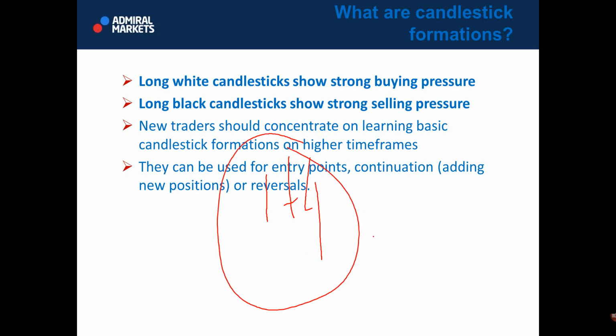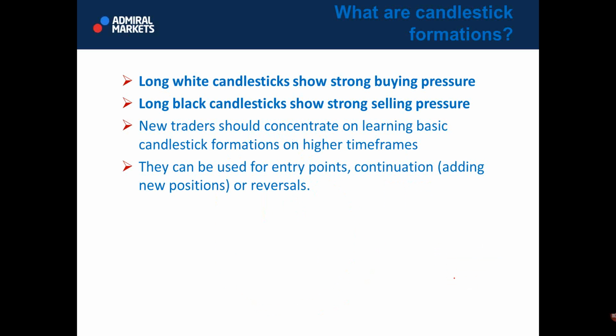So I just want to say that if you want to trade with candlestick formations and price action, start of course with higher time frames. I suggest the 4-hour time frame, and the strategy which I will present to you is based on 4-hour trading. Candlestick formations can be used for entry points, continuations, or reversals.